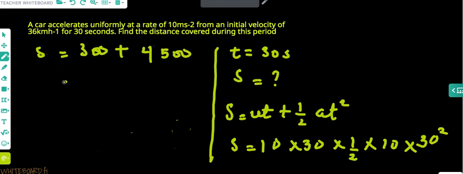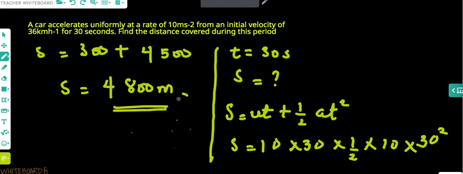So finally your s is 4,800 meters. You can convert this to kilometers by dividing by 1,000, so 4.8 kilometers. This is the solution to the question.